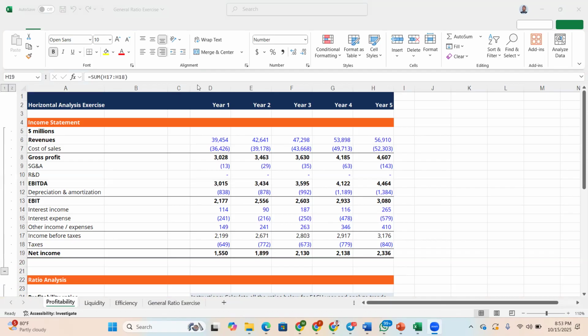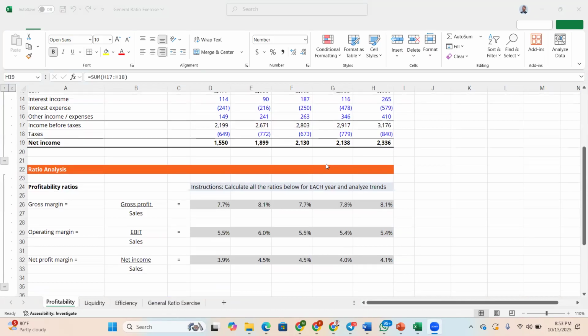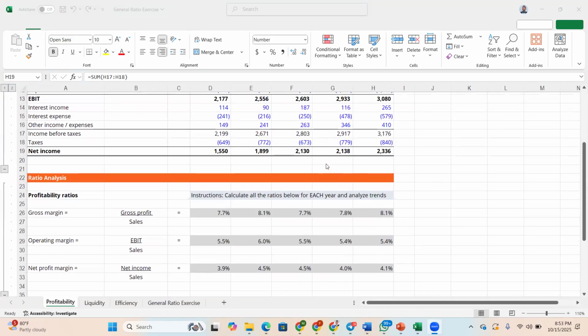Okay, year five. All right. Everybody said year five. But now let's check the ratios. If you check the ratios, which of these ratios reports the best performance?